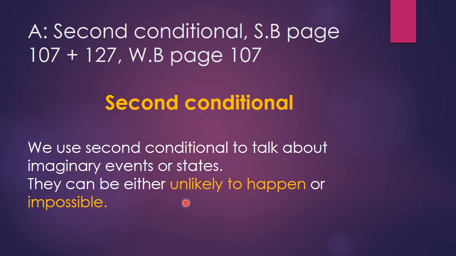We have two cases. Unlikely to happen means that it might happen, but as far as we know, most likely it's not going to happen. So it's nearly impossible. But there are other events or states that are impossible to happen, so it's impossible to ever happen in the future.